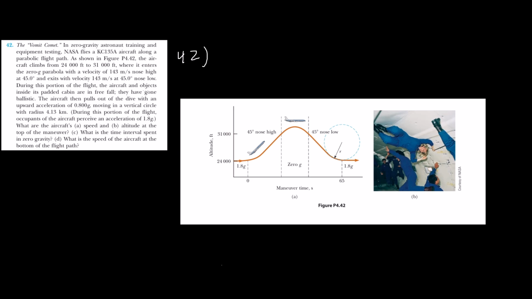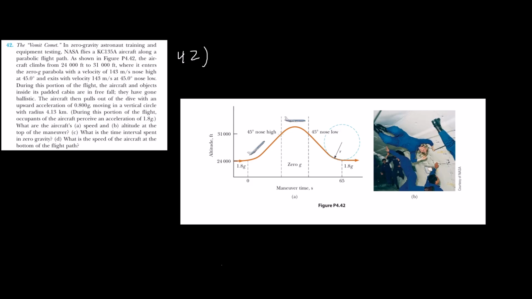So it's basically saying that the aircraft climbs from 24 to 31,000 feet. From here, this is where it enters zero gravity, and it enters at a velocity of 143 meters per second, nose high at 45 degrees. So this is going to be 45 degrees nose high and 45 degrees downward, and exit with the velocity at 45 degrees nose down.